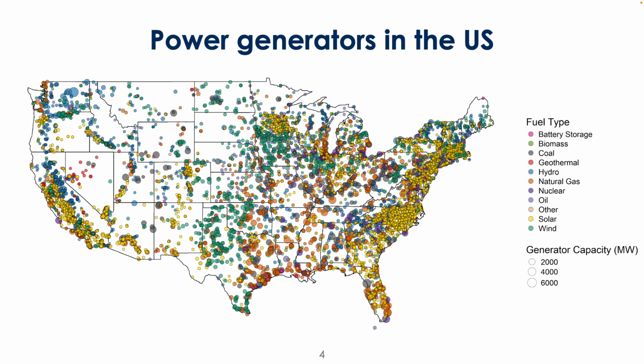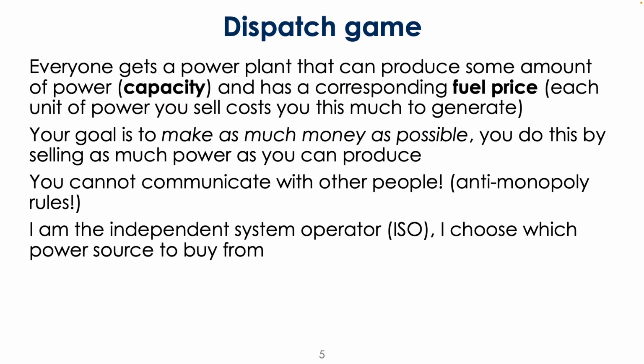And so we're actually gonna start off today. We're gonna play a little bit of a game to demonstrate how this works. This is a little dispatch game that I made many years ago. Each of you is gonna be a power plant operator, and you're gonna produce some amount of electricity, and whatever you produce is gonna have a corresponding fuel price, okay?